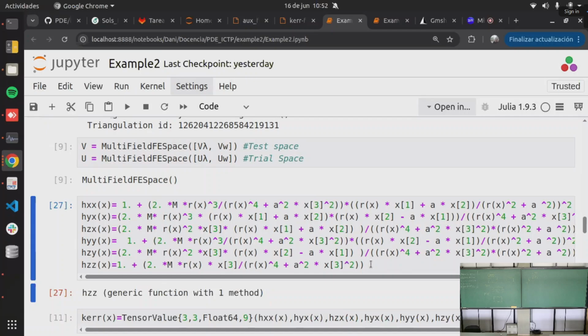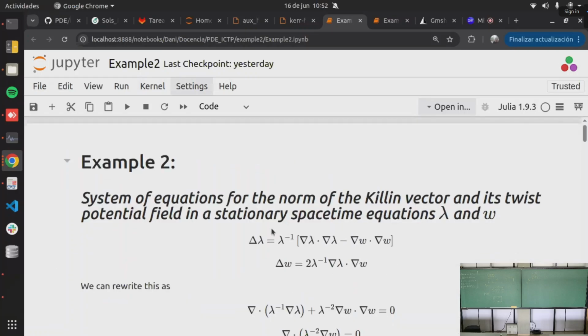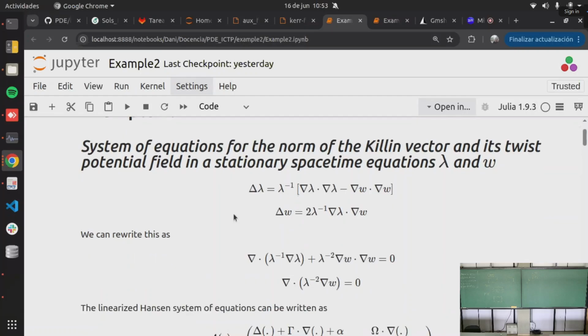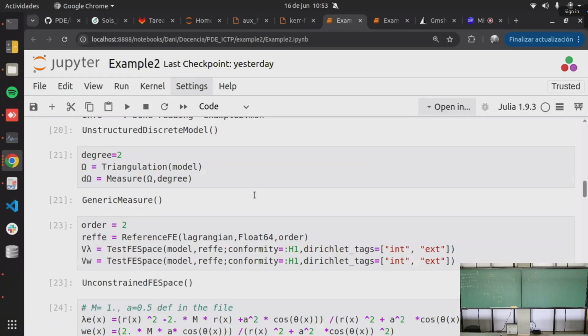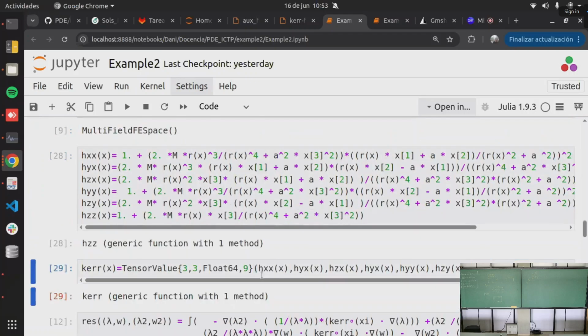Two of them are scalar ones that satisfy this equation, and the other one is a tensor field. So to solve this part of the system, we assume that we have this tensor. So I am giving it to the algorithm in this way. Tensor value is another type of data that is defined by Gridap.